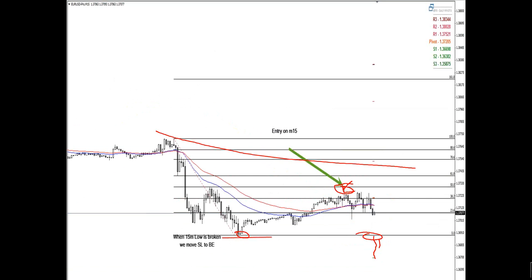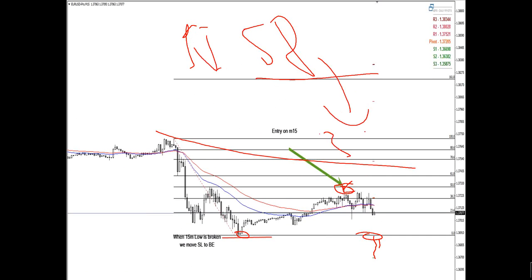Pay attention to Aussie Yen today and pay attention what happened when 58 was broken. 95.58 was broken and it went to 35. Basically, that was the break of daily low, and that was the time when you could have made intraday position from a scalp swing position.